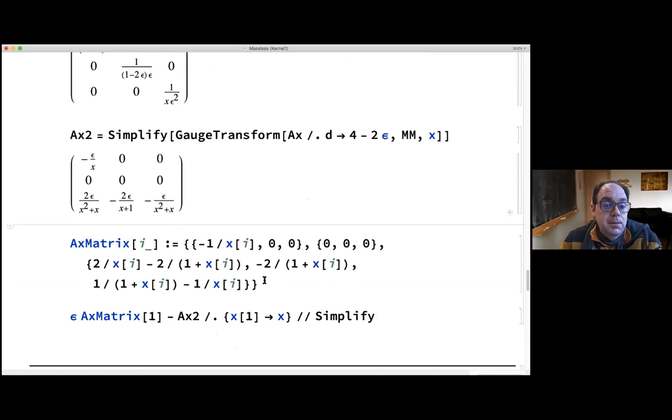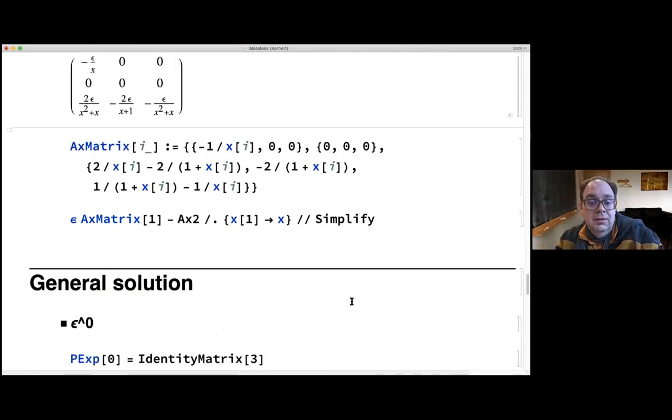So this would be the matrix in canonical form that you get for the differential equation satisfied by the vector of master integrals for the massless one loop box. Now, how do you solve it?